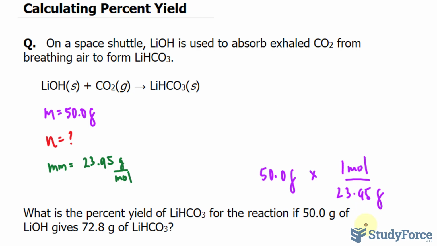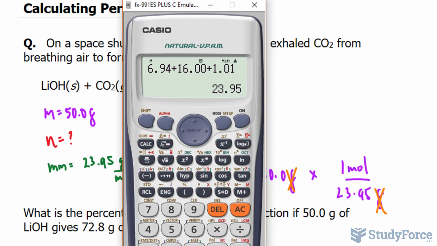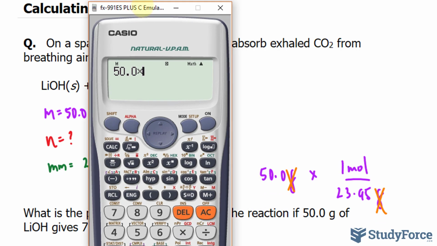And by placing the gram unit at the bottom, the gram unit here and this one will cancel out. So using our calculator, 50.0 multiplied by 1, which we don't necessarily need to write because it's 50, divided by 23.95 gives us the amount of moles to be 2.0876.